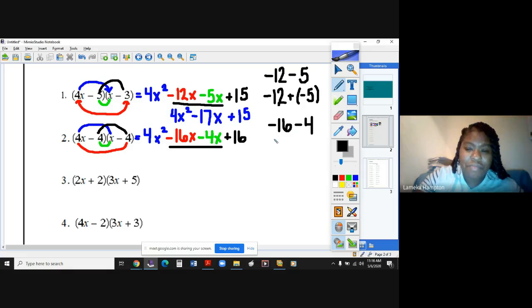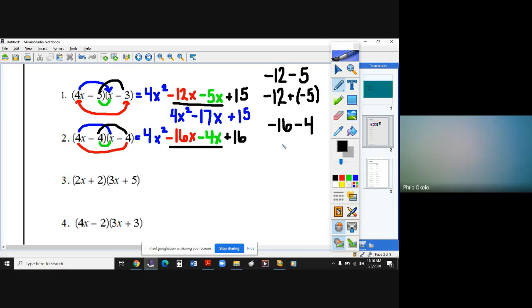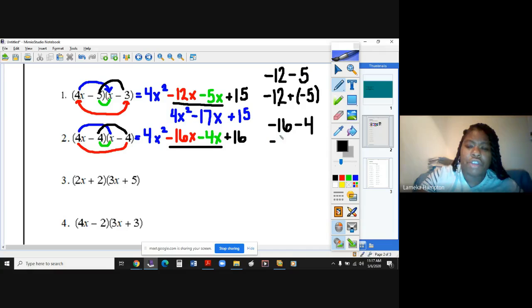Okay. All right. So when I have a negative 16 minus 4, what is my answer? Negative 20. So remember, we got to use our keep, change, change rule.